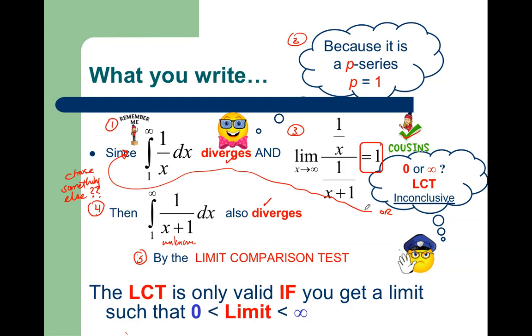But just because you're inconclusive doesn't necessarily mean you have to bail on the LCT. Just go back and examine your choice, and usually it's an adjustment of the power. I think it was obvious this time to choose x to the first, but sometimes it's not as obvious. All right, we'll do more examples when we get together in our next live session.